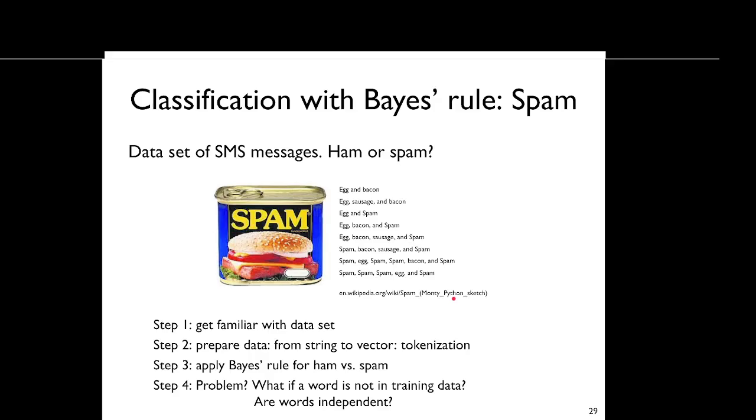And they were also influential on spam messages, because they had a sketch in which somebody wants to order a typical English breakfast, as you know, which consists of beans and bacon and a fried egg and a toast and some marmalade and mushrooms and fried tomatoes. So that's a typical English breakfast. And in that sketch, the menu offers egg and bacon, egg sausage and bacon, egg and spam, egg bacon and spam, egg bacon sausage and spam, spam egg spam, spam bacon and spam, spam spam egg spam.